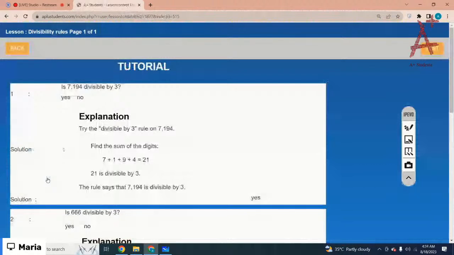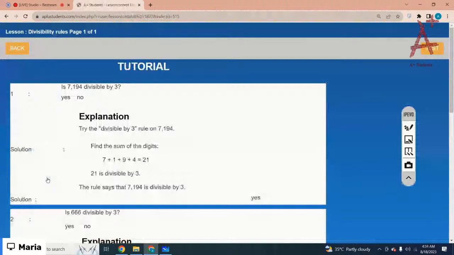We'll learn the divisibility rules. Is 7194 divisible by 3? You have to apply the divisibility rule for 3, right? The divisibility rule for 3 is that you sum up all the digits. If the sum of the digits is divisible by 3, that means the number is divisible by 3.